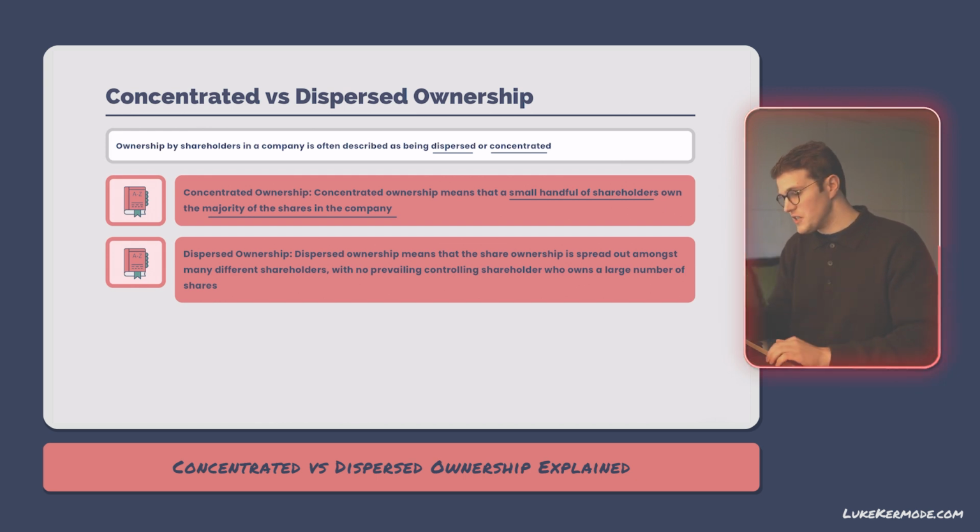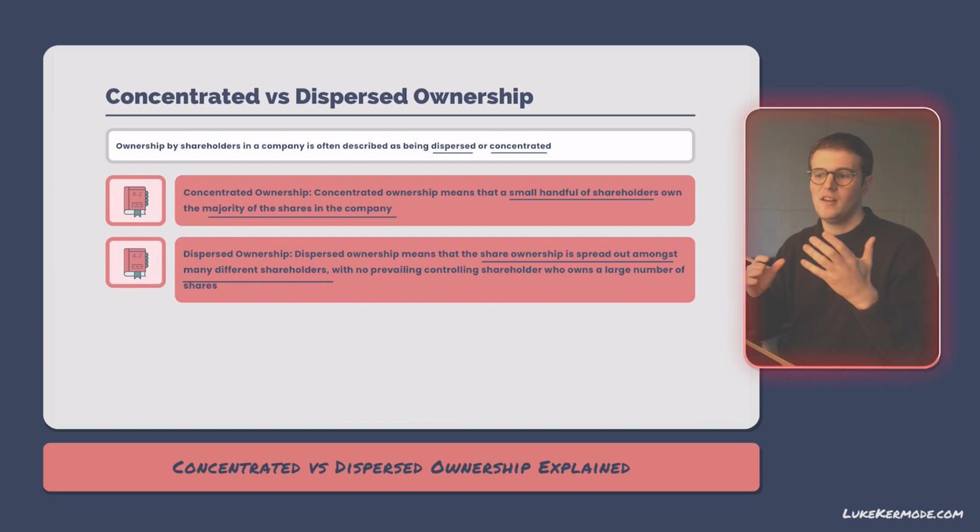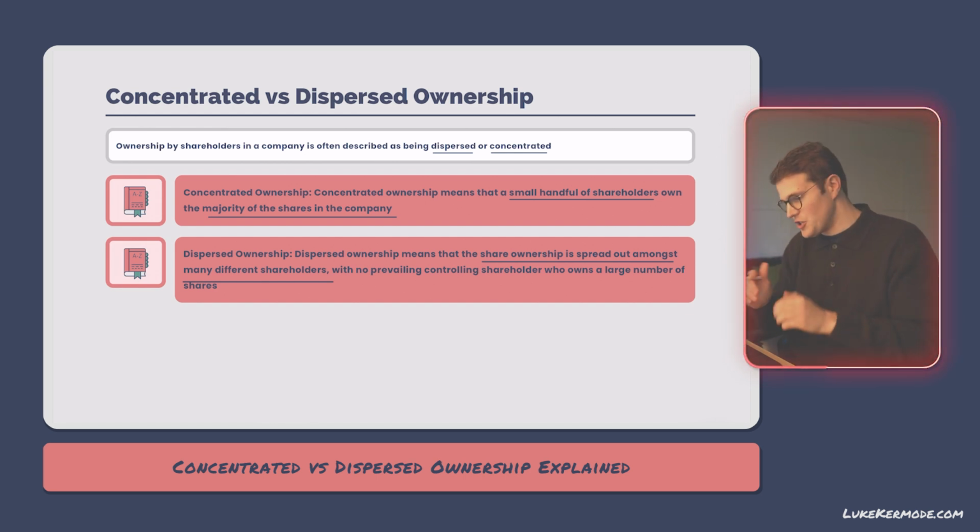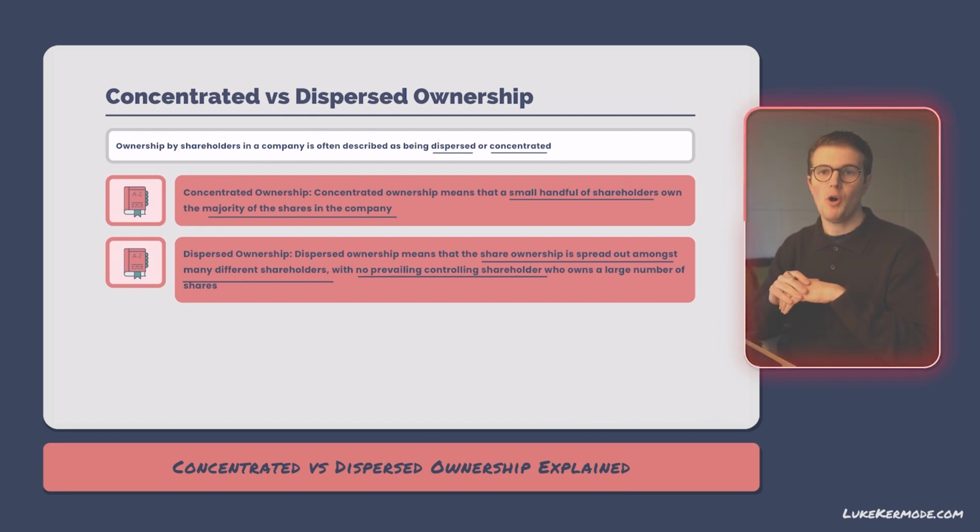And then in contrast, the dispersed ownership structure is one where the shareholding is spread out amongst many different shareholders. So this is a kind of company where there's not one dominant shareholder that owns 60, 70, 80% of the shares, or 2, 3, 4 shareholders that cumulatively own 70, 75% of the shares. There's no prevailing controlling shareholder who owns a large number of the company's shares.